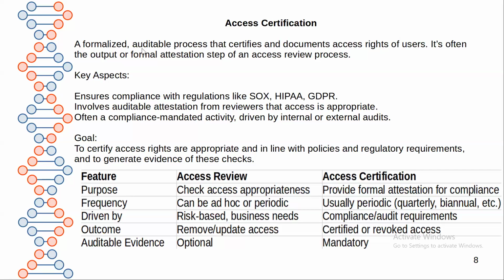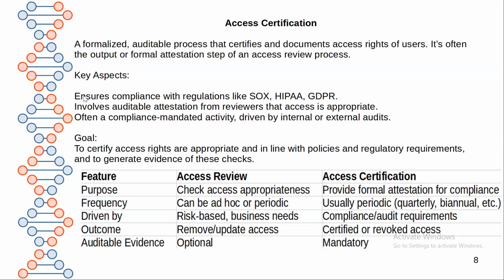A formalized, auditable process that certifies the access rights of the user, it's often the output or the formal attestation step of an access review process. This is called access certification. Whatever accesses you were having, they were right. Somebody has reviewed it. Somebody got the report, somebody certified it. Simple.